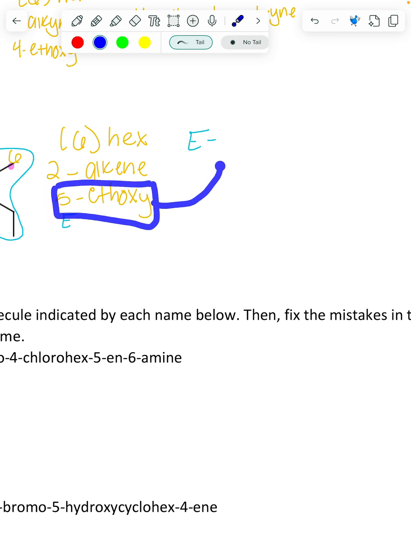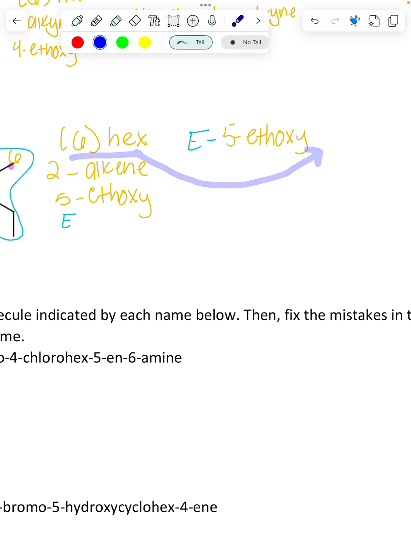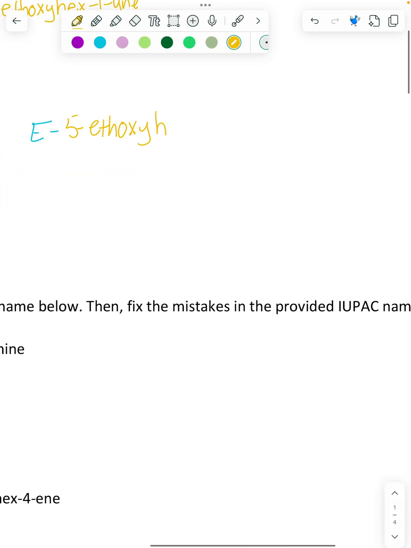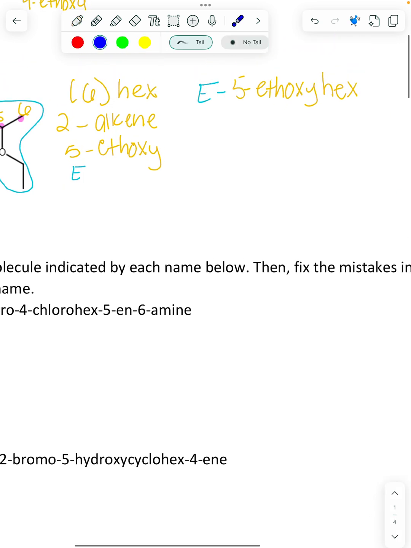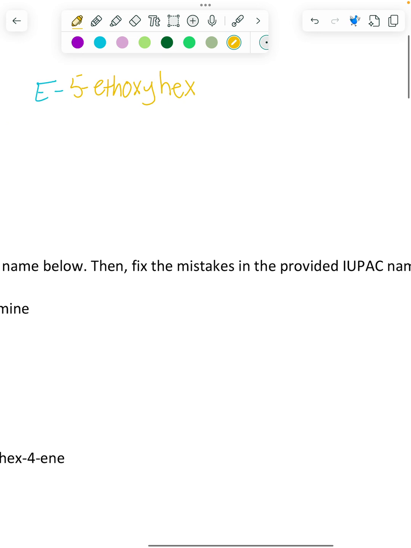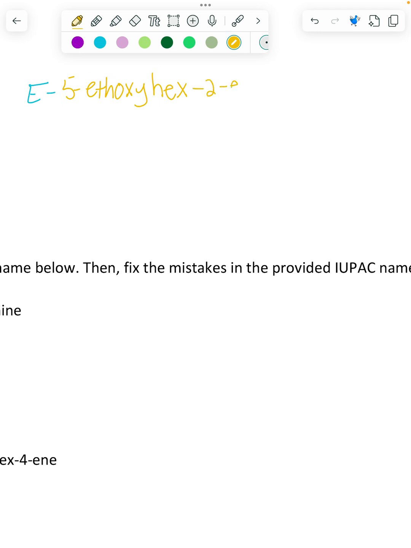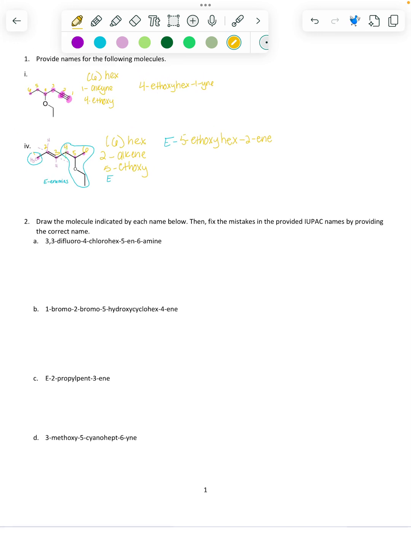So I'm going to add this right after the E. And now I'm going to add that hex right after that. And I'm going to then add after the hex the 2 and then the ENE. And that's the final name of that molecule.